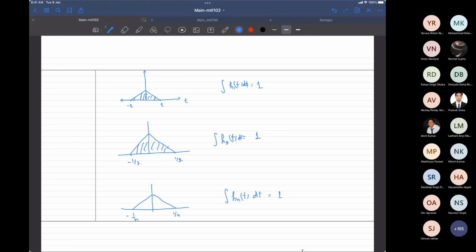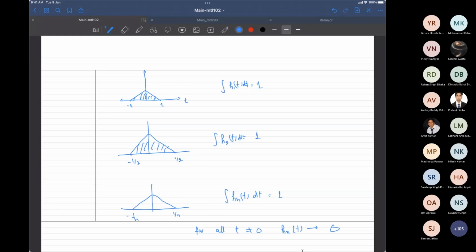So now note that pointwise for all t not equal to 0, h_n(t) converges to 0. Agree? Is this thing clear? Yes, sir.